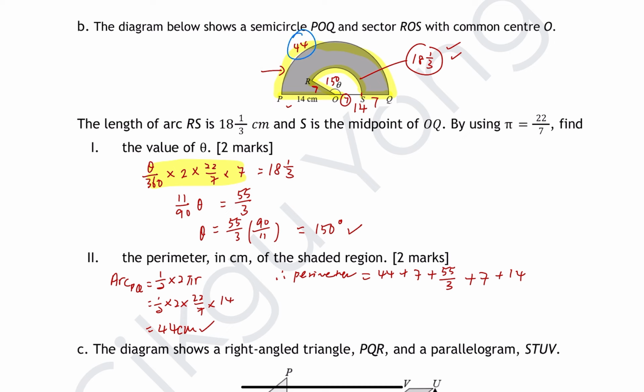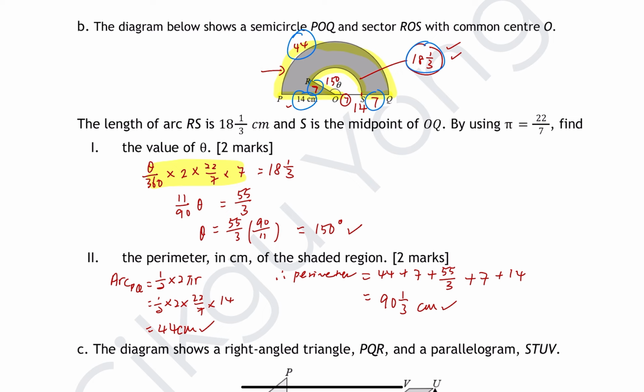You have one number, two numbers, 3, 4, and 5, right? So this is complete. You can just again use your calculator. 44 plus 7 plus 55 over 3 plus 7 plus 14. And your final answer is 90 and 1 over 3 centimeter.